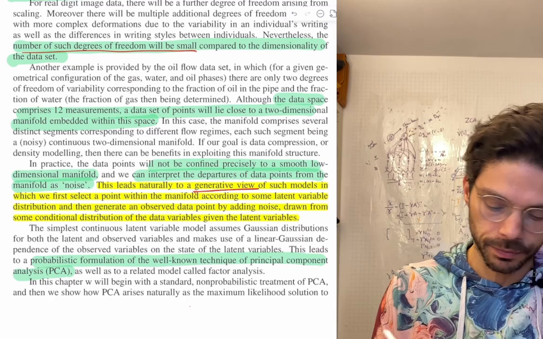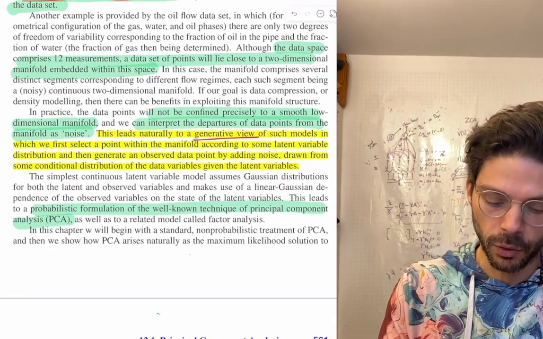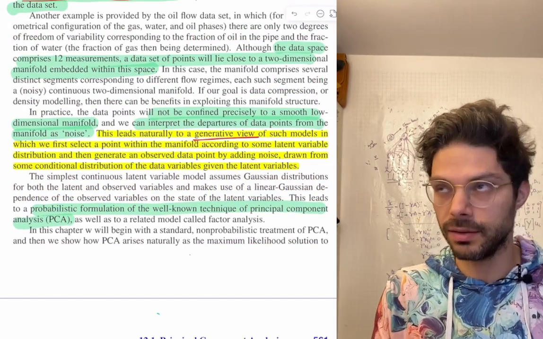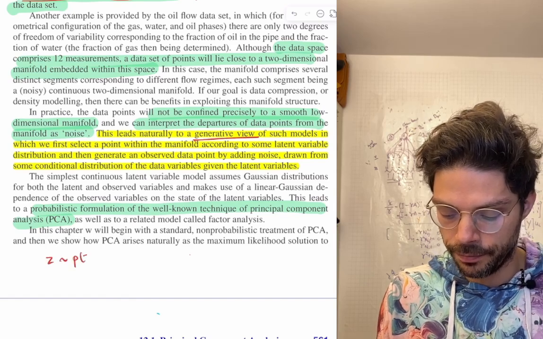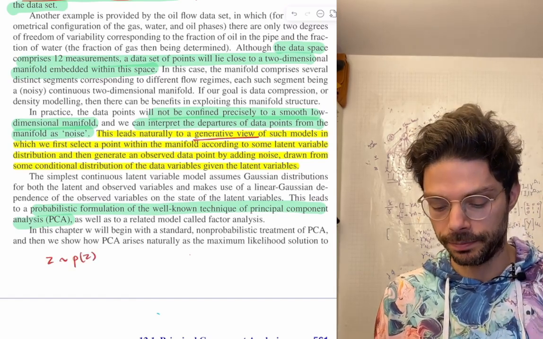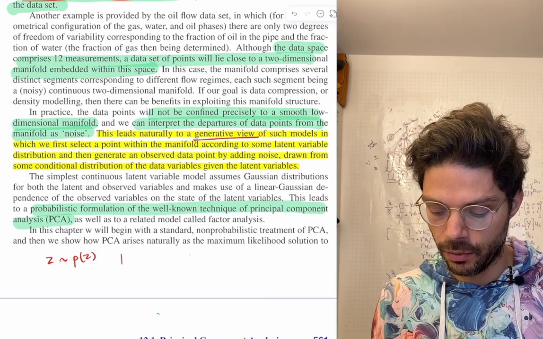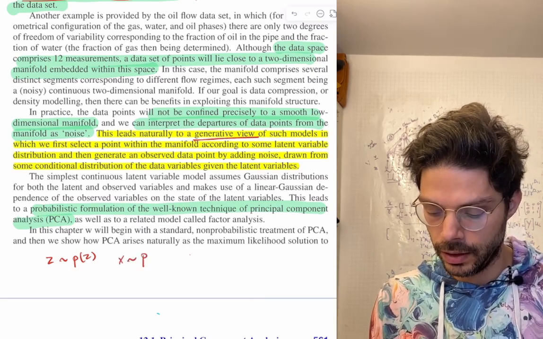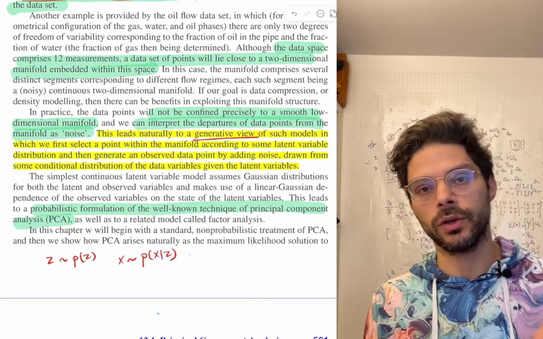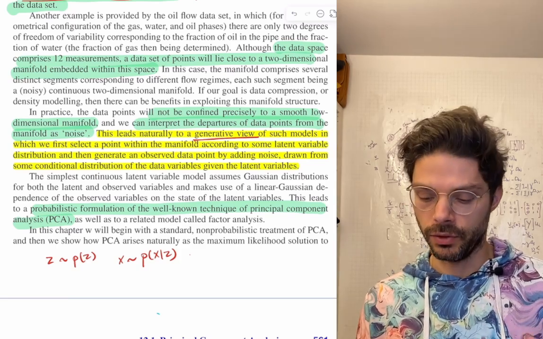We'll see this in I think section 12.2, but the idea is you sample z from your hidden variable, from some prior distribution maybe, and then you say, well, what are my observations? Well, the observations are going to be coming from some conditional distribution on that z. So that's kind of your generative model for how your data was produced.